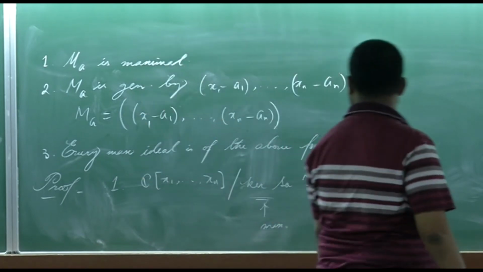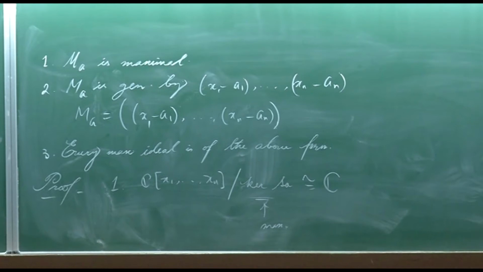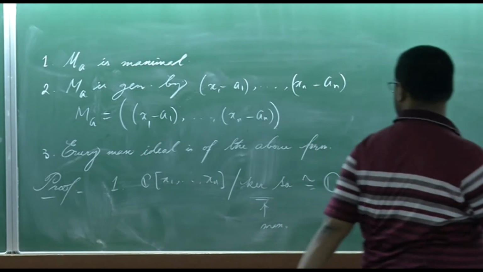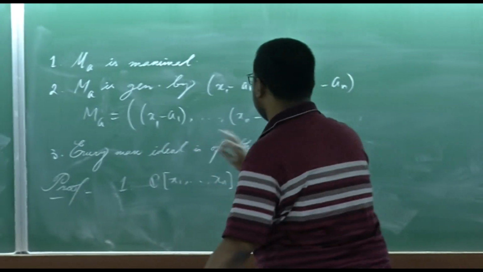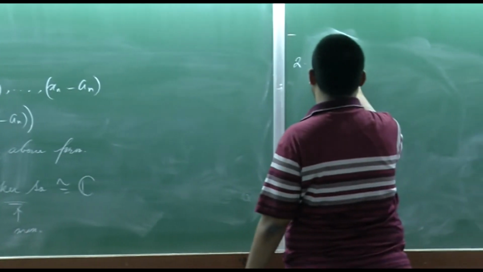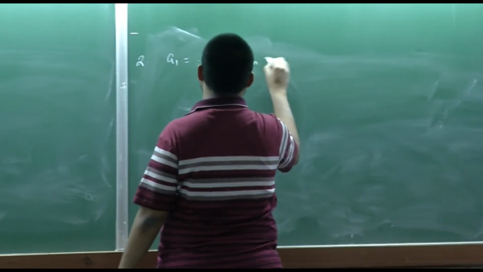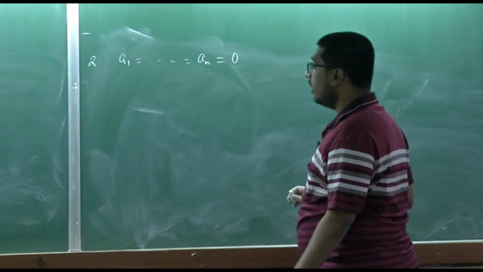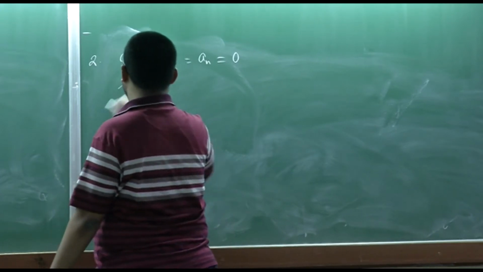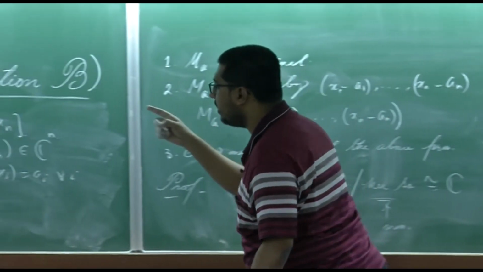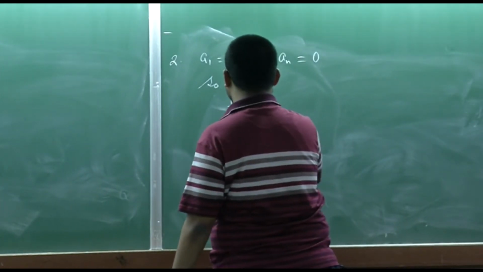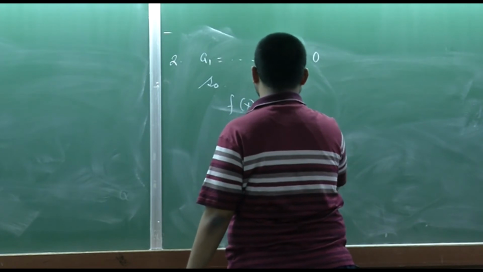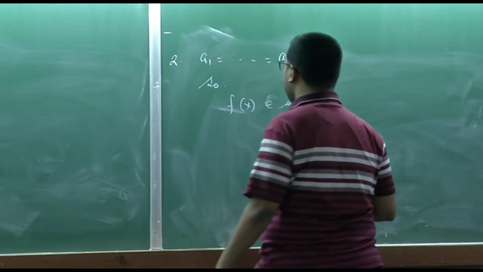Next we have to show that these are generated by this. Even that part is not difficult. For the sake of simplicity, first let me assume a1 up to an are all 0. I will do the general case, but we will show the general case follows from this case. So we are now considering the substitution map S_0. Observe that if f(x) belongs to the kernel of S_0, what does that mean?